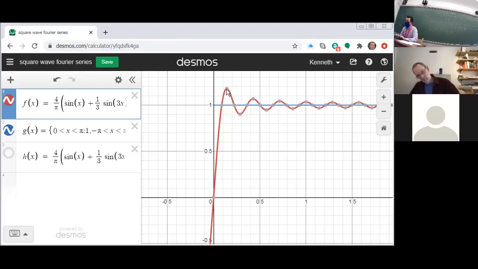That doesn't mean that the distance from the peak to the blue line will be going to 0. It could just mean this peak is shifting over.